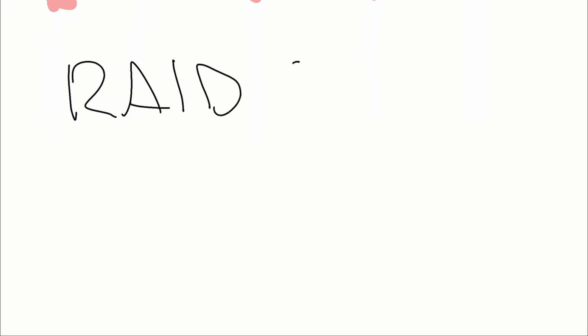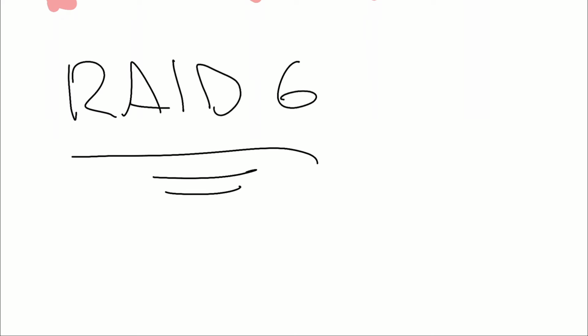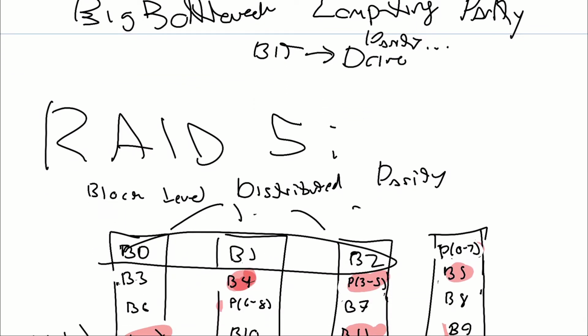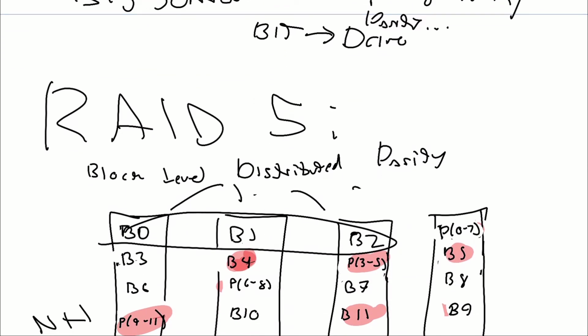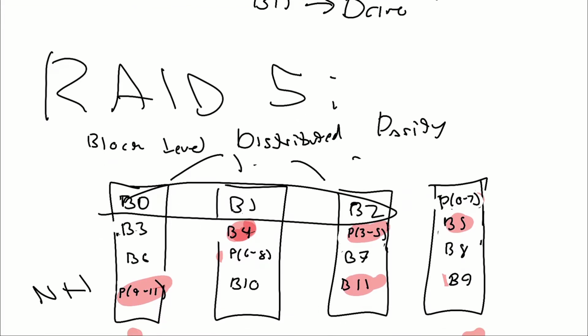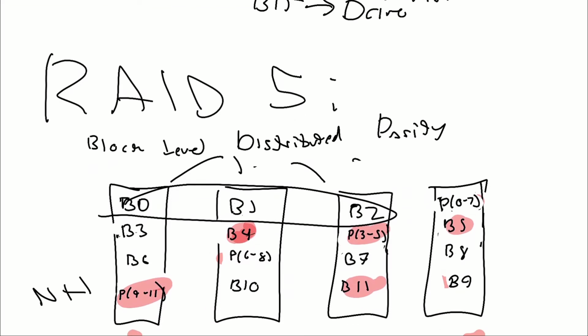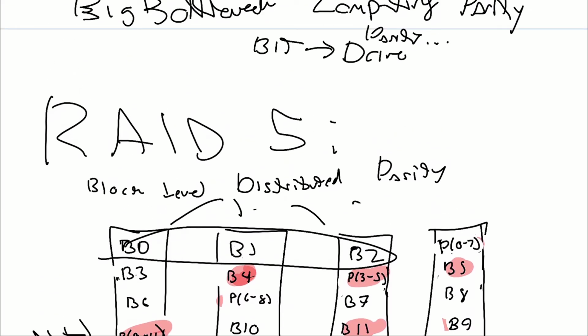So finally, it takes us to the final one, which is going to be RAID 6. RAID 6 is known as block interleaved dual distributed parity. So this one again is another name for 5. Yes, the book says block level distributed parity, but they also use block interleaved distributed parity. So those are both okay.